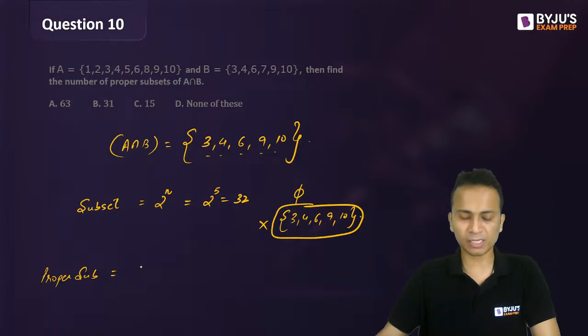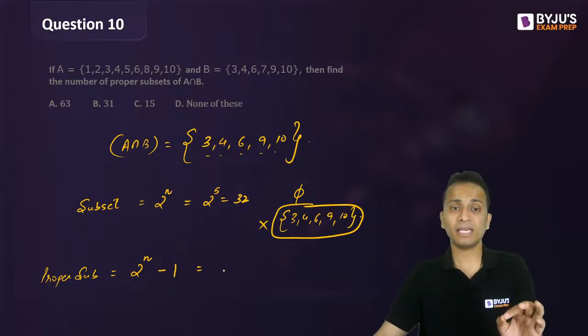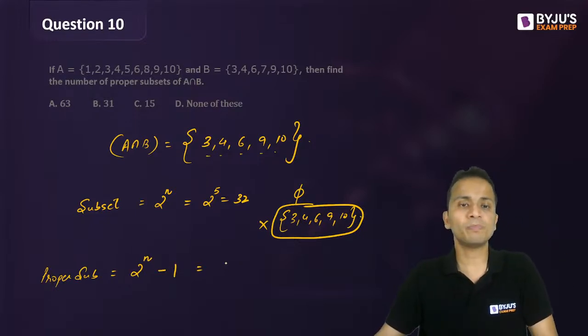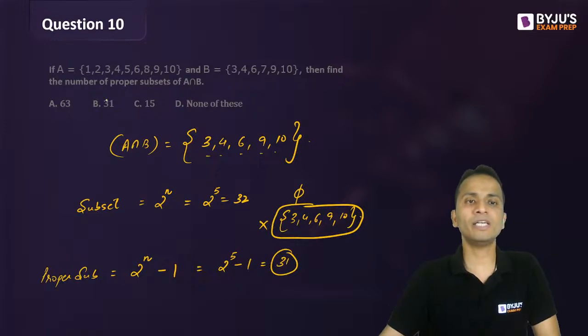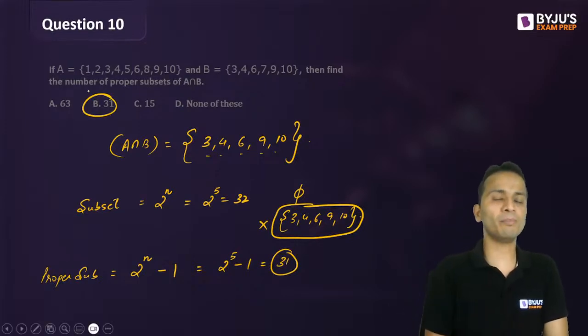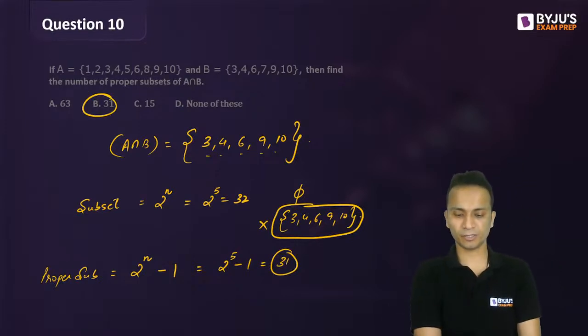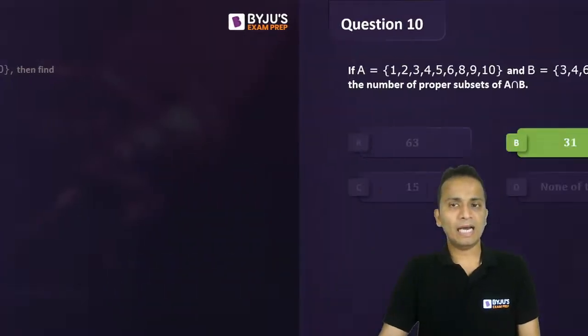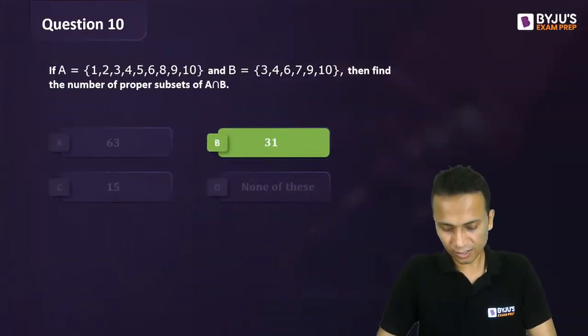So number of proper subsets का formula होगा 2 raised to the power n minus 1. Minus 1 is not in the power, ये गलती नहीं करनी है. So 2 raised to the power 5 minus 1 is equal to 31. So 31 will be the total number of proper subsets. And yes, that is the correct answer.